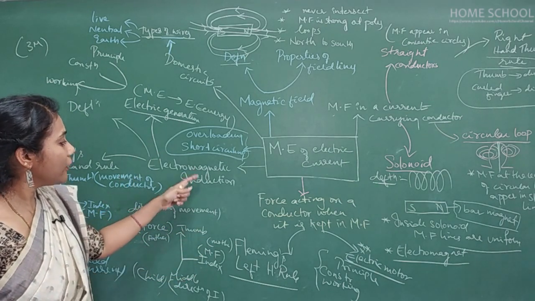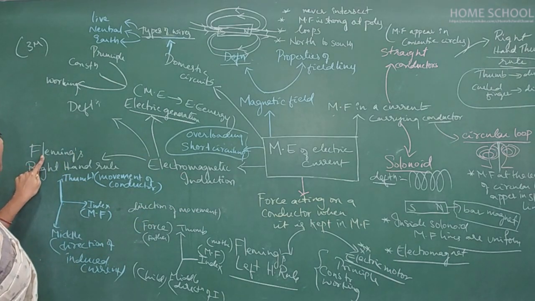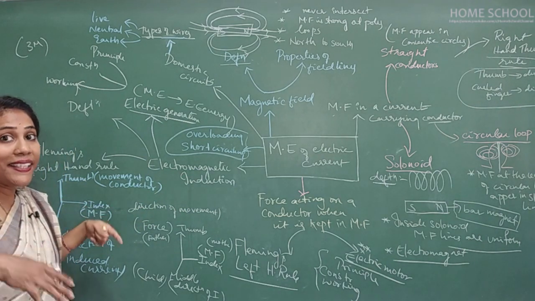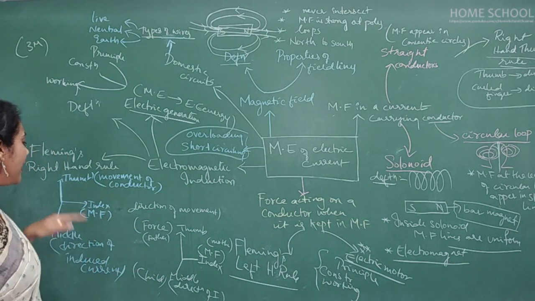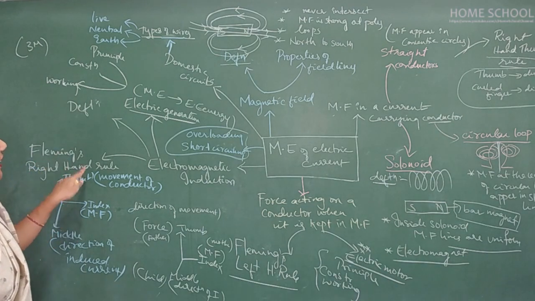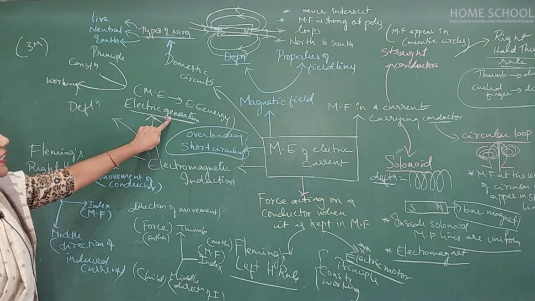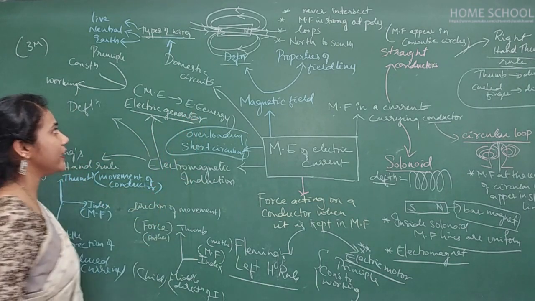After that comes electromagnetic induction. Its definition is important, and the direction of the newly generated current can be identified with the help of Fleming's right hand rule, right? So that is important. And after that, electric generator, which is also a very, very important concept.